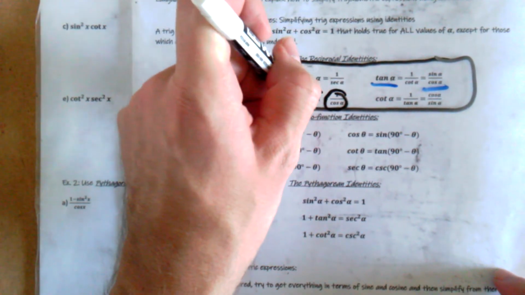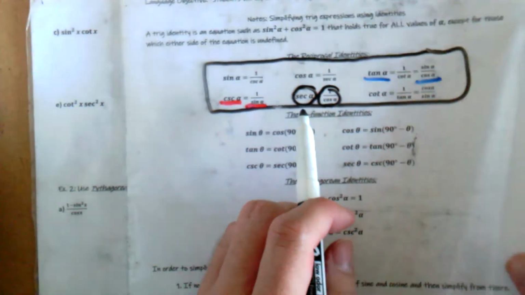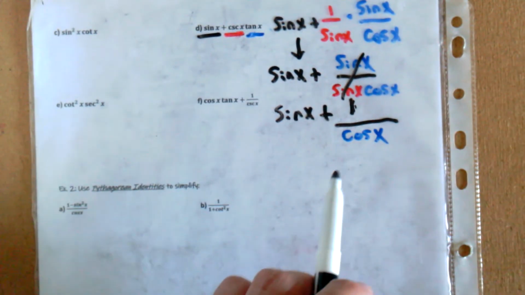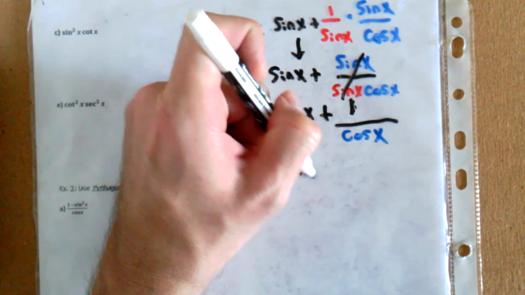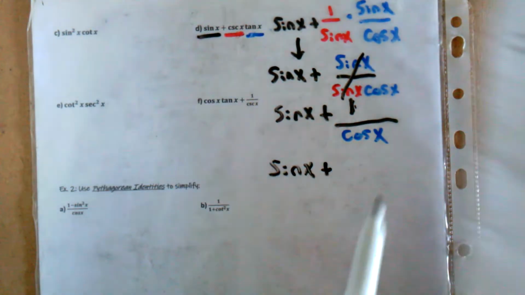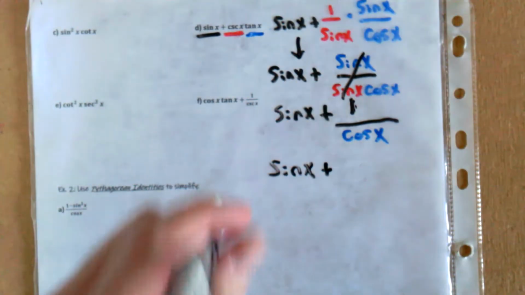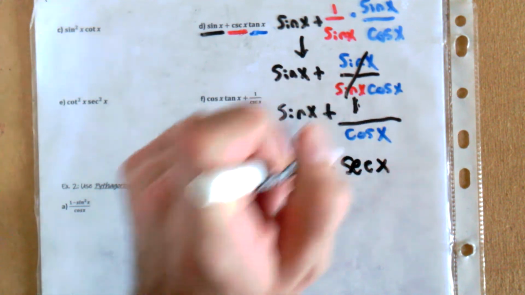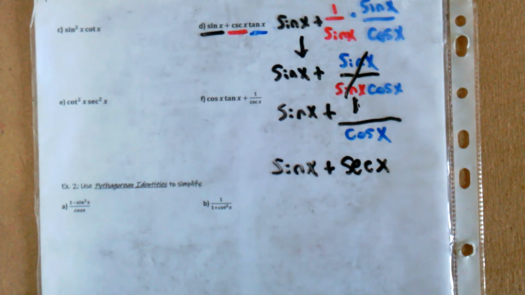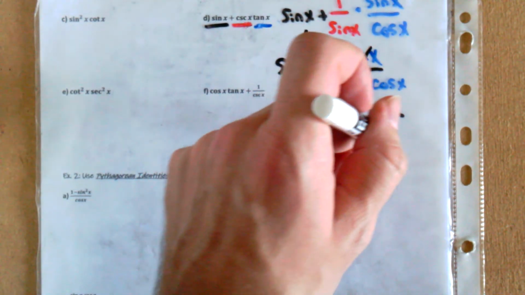So we can rewrite 1 over cosine as secant. So then we have sine x plus secant. And now our answer is simplified as much as possible.